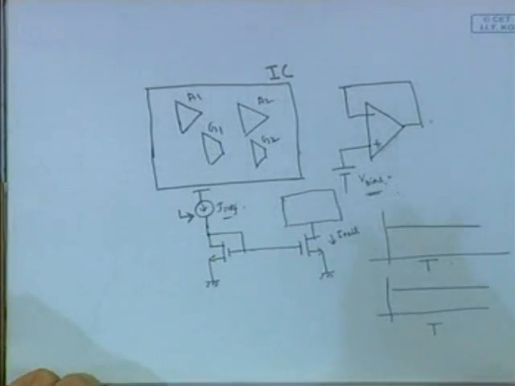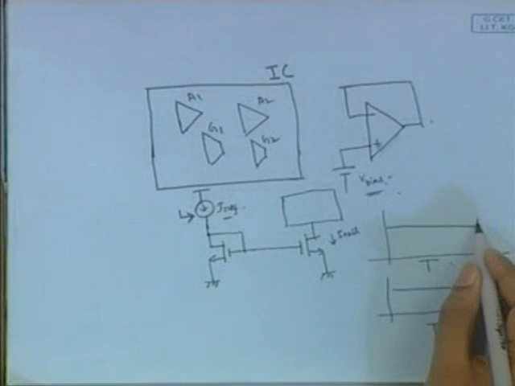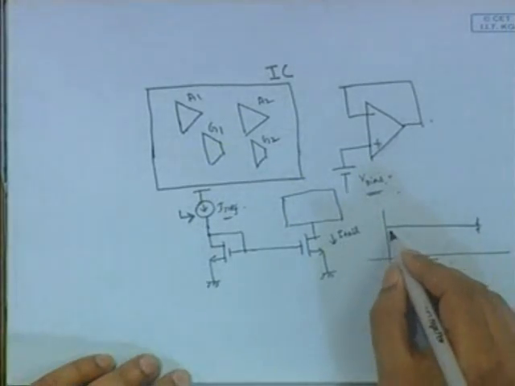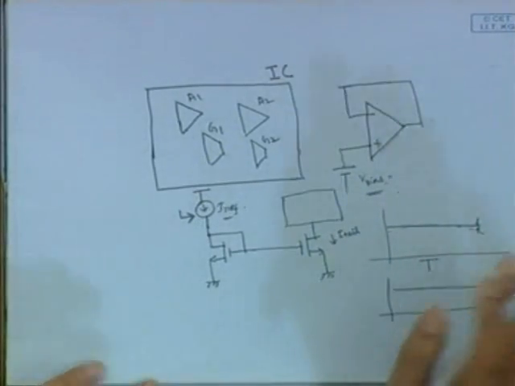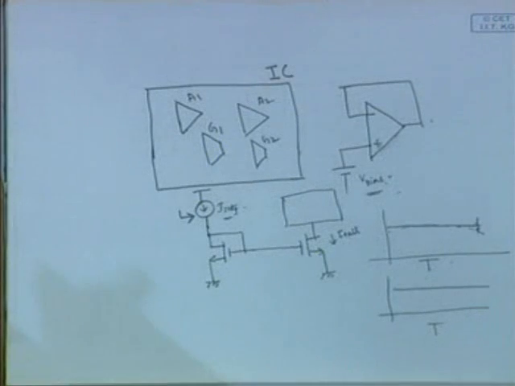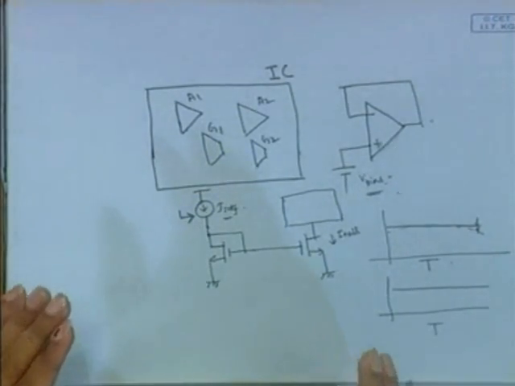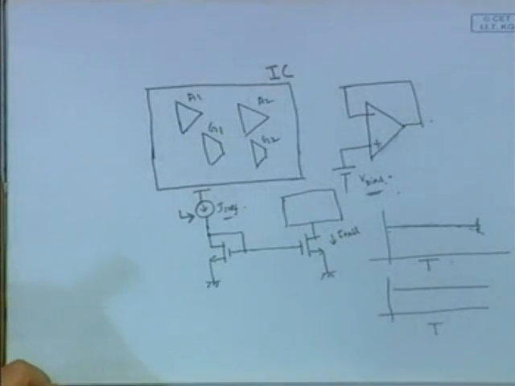Suppose you operate the circuit at 27 degrees centigrade or minus 27 degrees centigrade, there will be no variation in voltage or current level. In the practical case there occurs some deviation, but we will discuss it later. Your target is to keep the voltage or current level fixed over a wide temperature range.